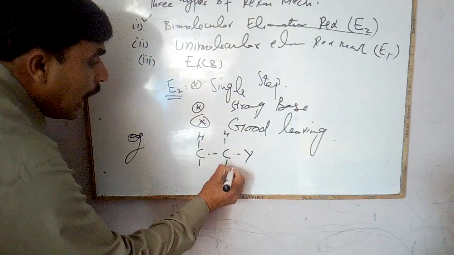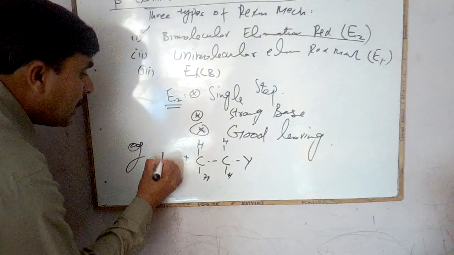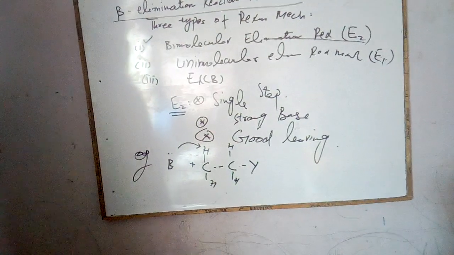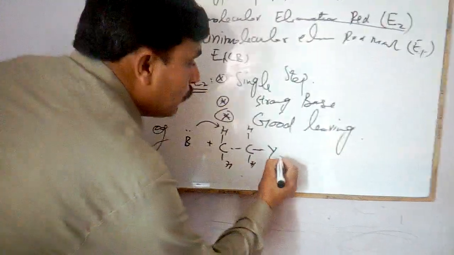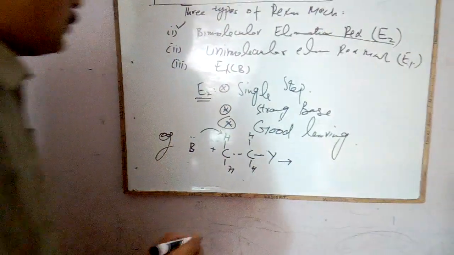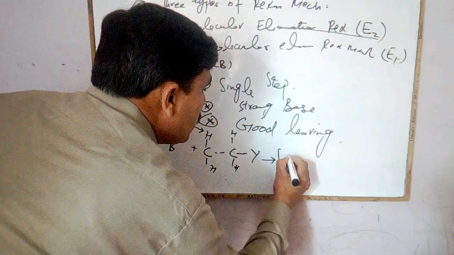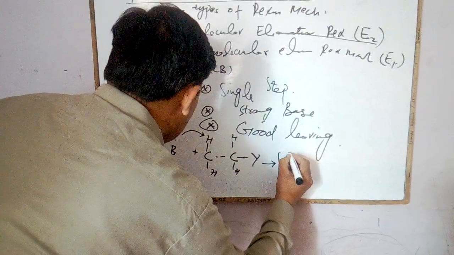A base will attack from the back side to remove a proton and the leaving group will leave, which results in the formation of the intermediate.